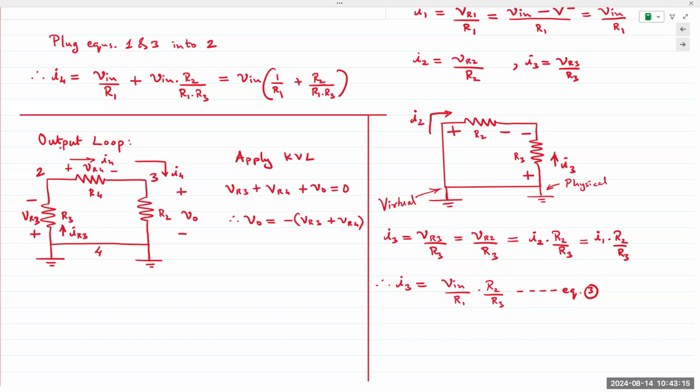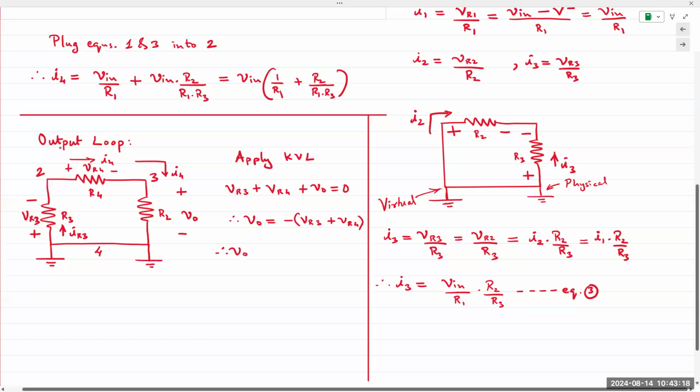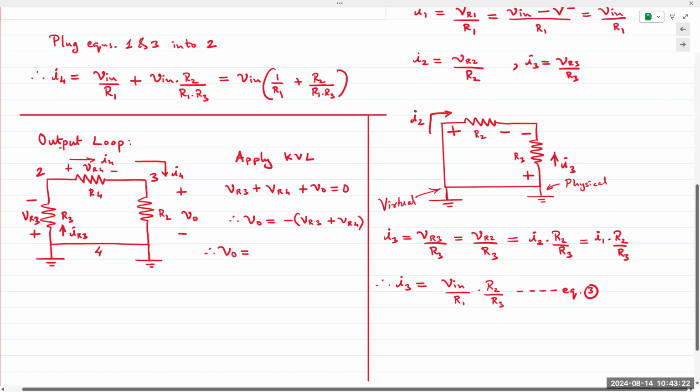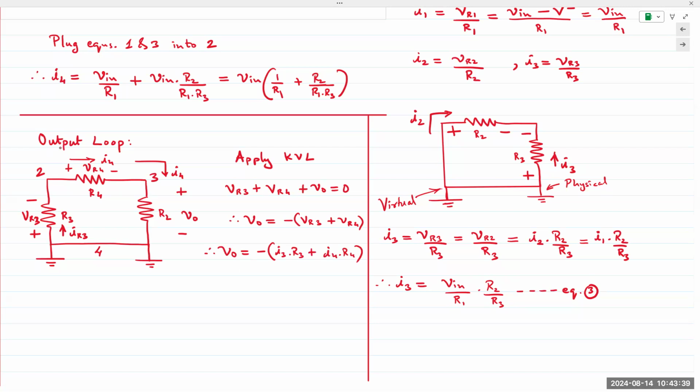Now, apply Ohm's law, and I can write VO is equal to I3 R3 plus I4 R4. Ohm's law. And now I have an equation for I3. I have an equation for I4.